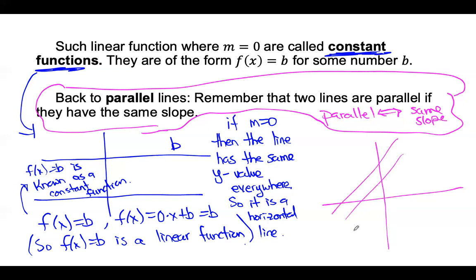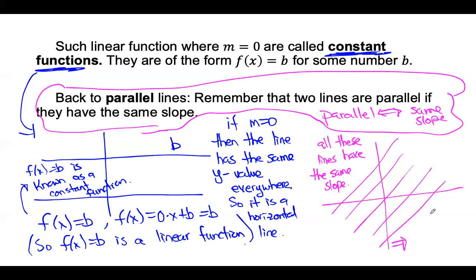All these lines are basically parallel because all the lines have the same slope. So therefore, they are parallel lines.